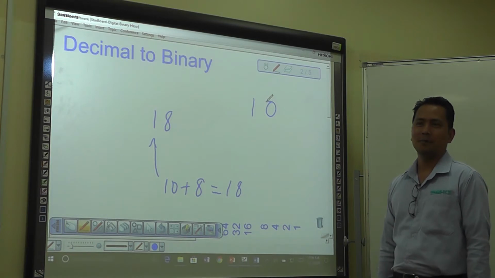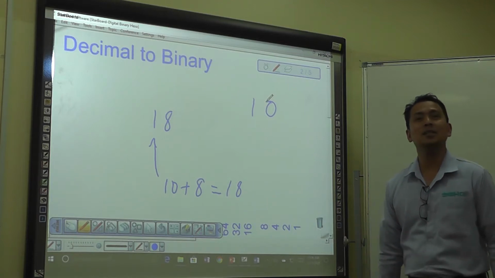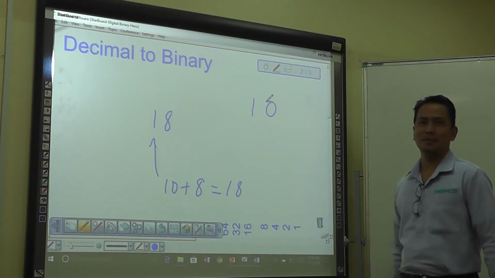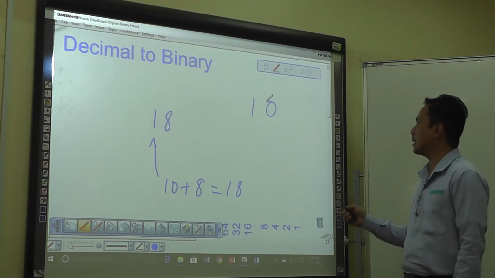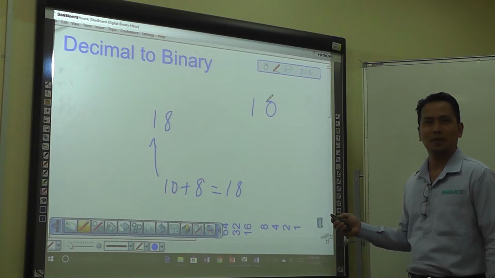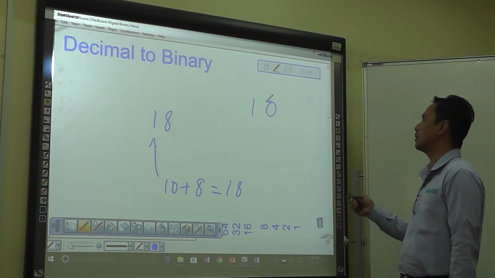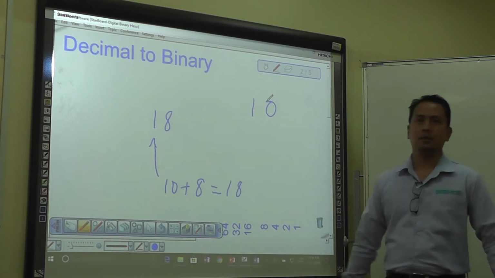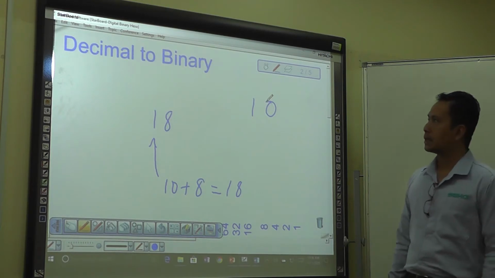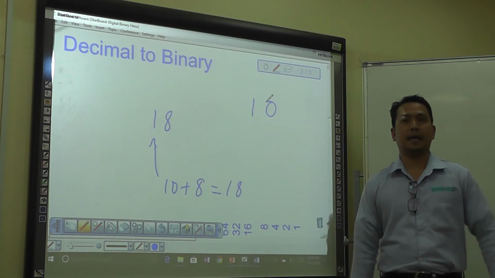For example, if he says yes, he will give number 1. If he says no, he will say 0. If he says off, he says 0. If he says on, he says 1. So these are just the numbers for binary and decimal.